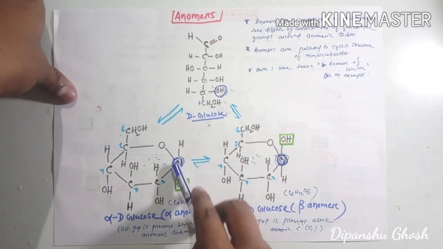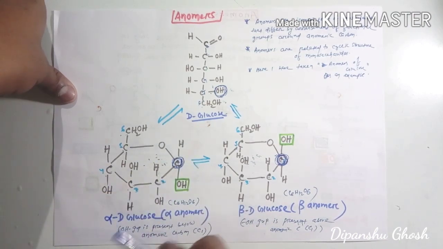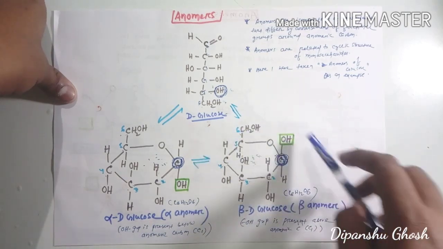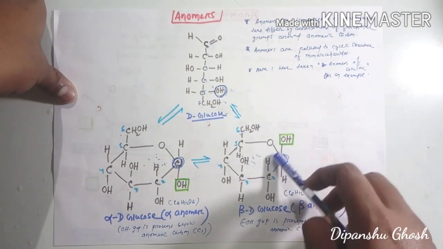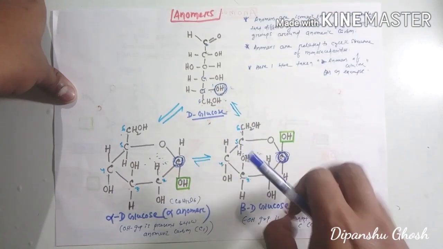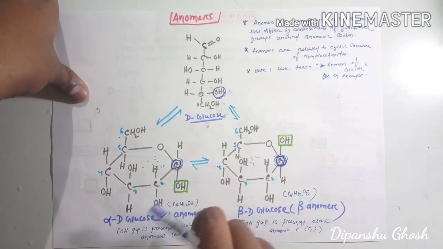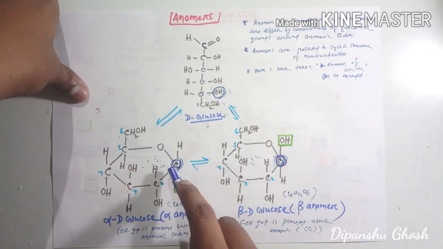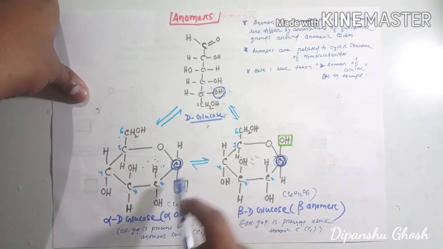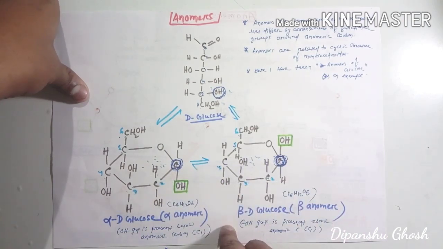So in the first case, with the OH group below the anomeric carbon, this will be called your alpha anomer. And in this case, as the OH group is present above the anomeric carbon, this will be called your beta anomer, right? As these two structures differ from each other by the arrangement of functional groups like the OH group around your anomeric carbon, they are called anomers, right?